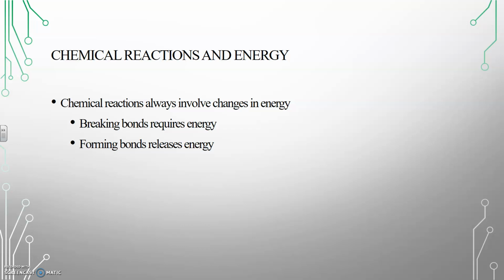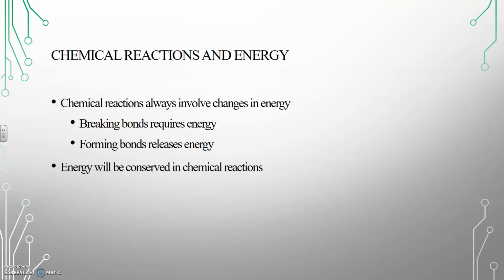You actually have to use some energy in order to break them. And it's the same kind of idea with breaking chemical bonds. In order to form them, you're actually going to release energy. Okay, because that takes the atoms down to a lower energy state and allows them to kind of be happier. So they release that excess energy that they no longer need.